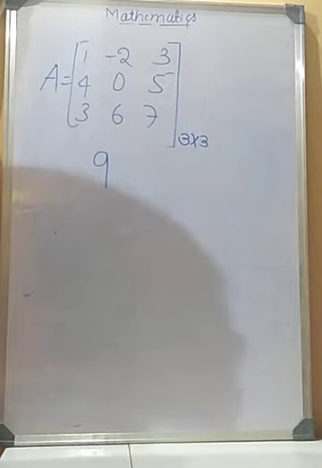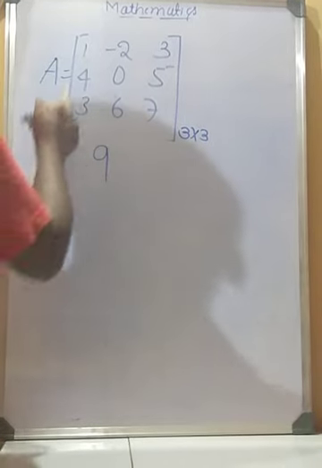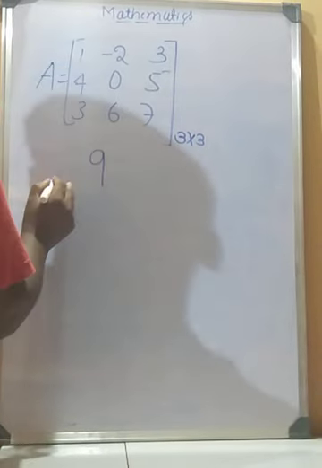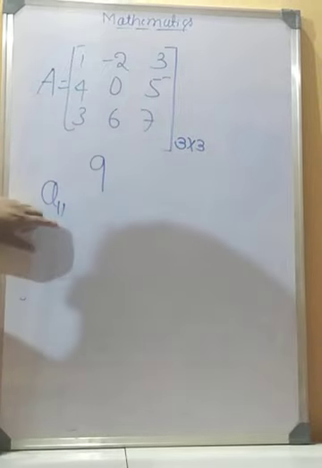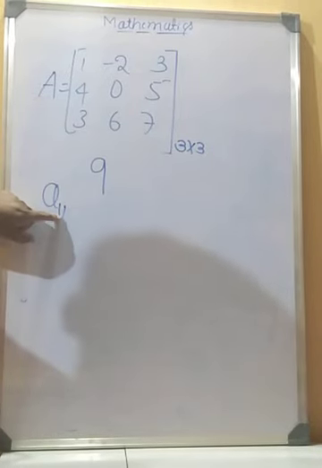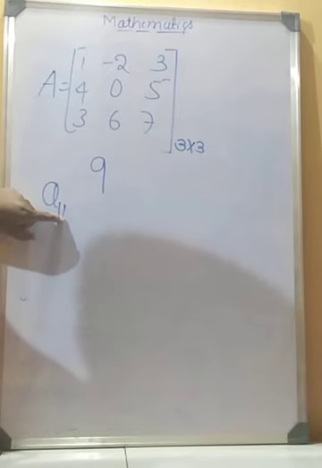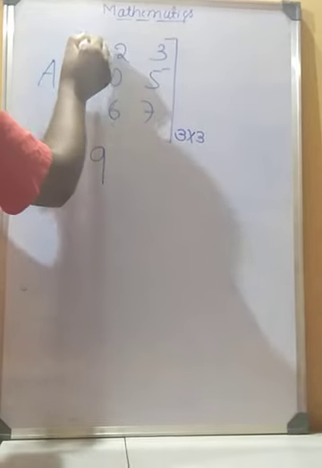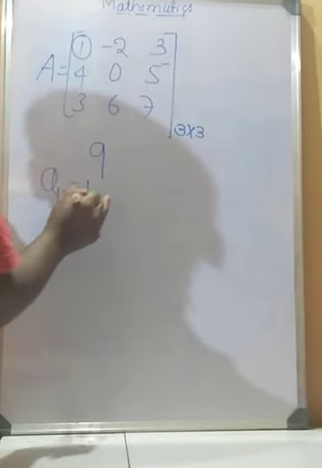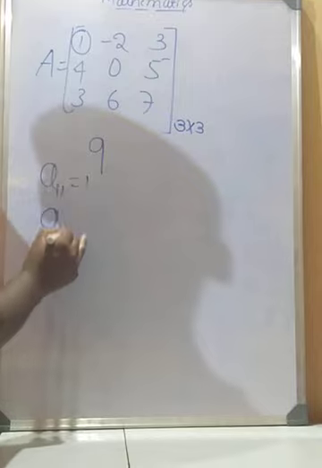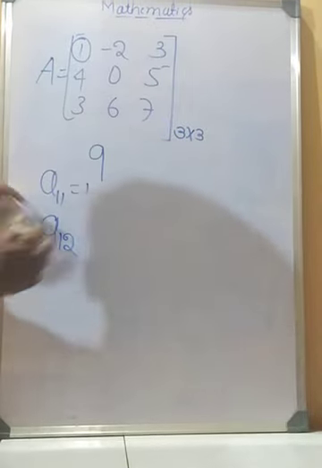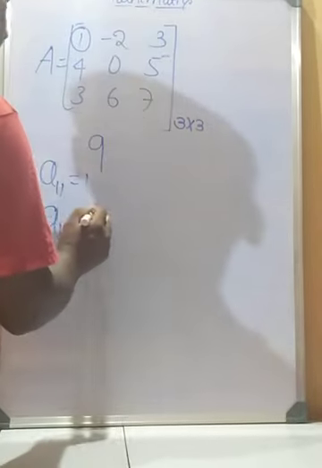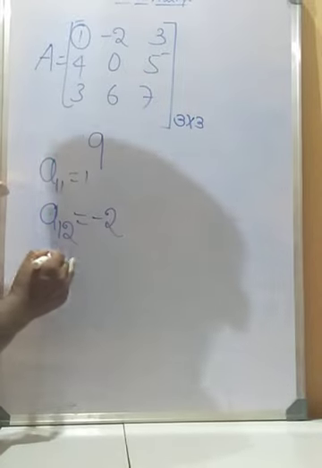And also write the elements. A11 means here i is 1, j also 1, so A11 is 1. A12, first row, second column element is -2.